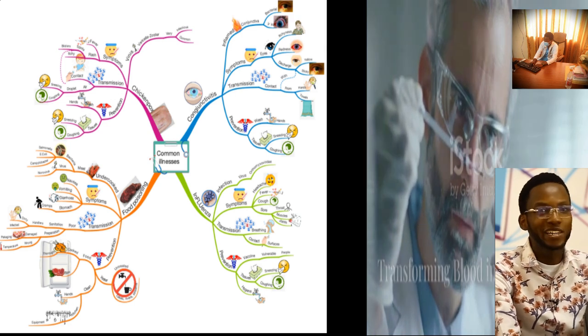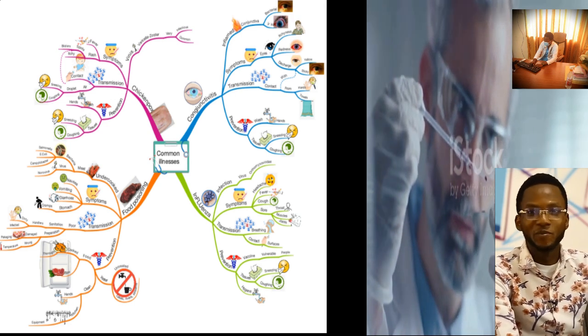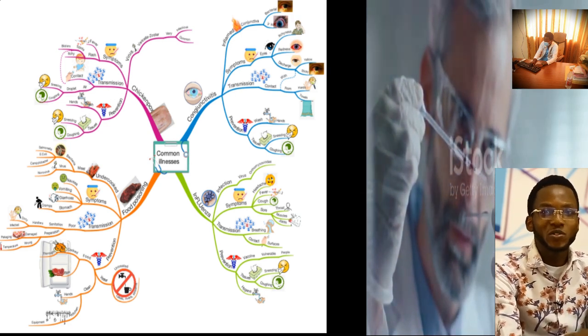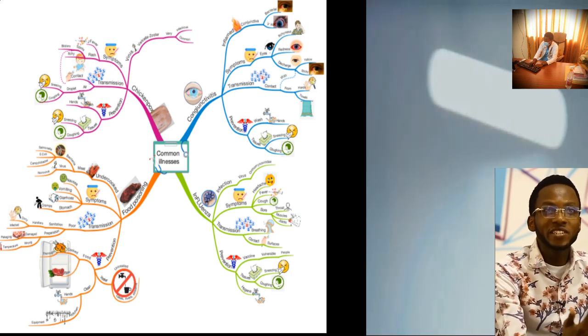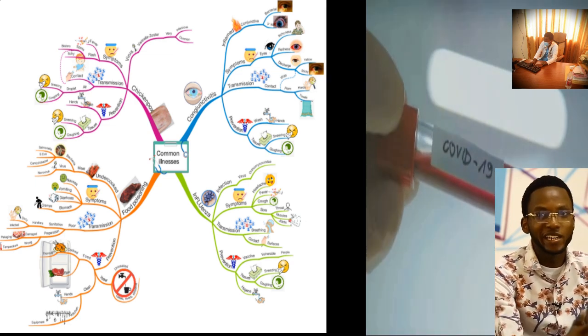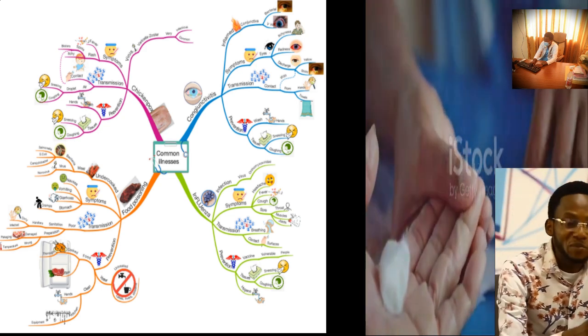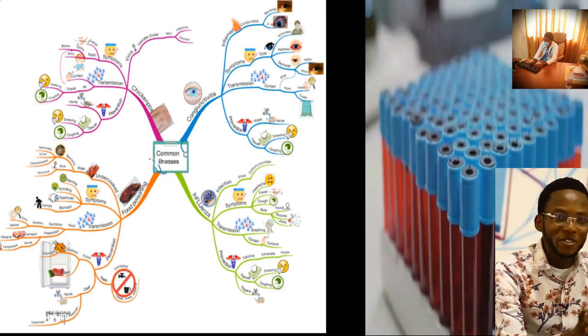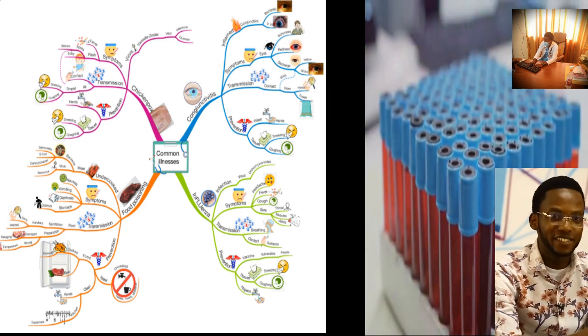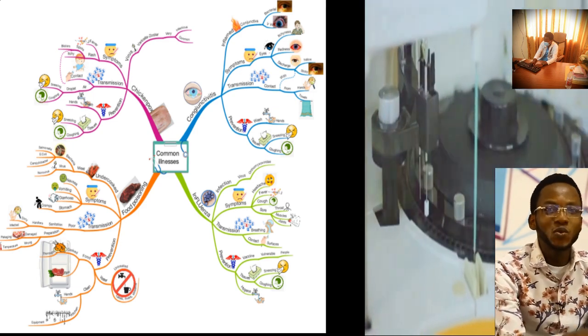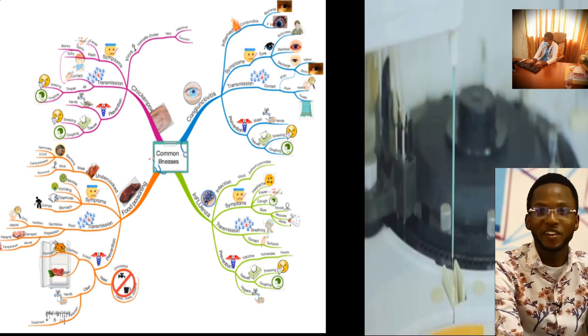Non-pharmacological treatments include psychological support and counseling, palliative care, surgery, and radiotherapy. Pharmacological treatments include chemotherapy, hormonal therapy, and immunotherapy. All cases of suspected breast cancer should be referred for specialist attention.